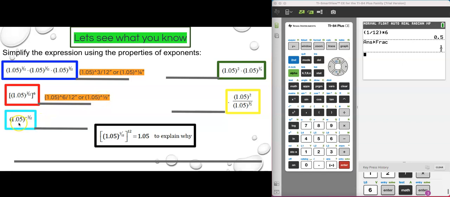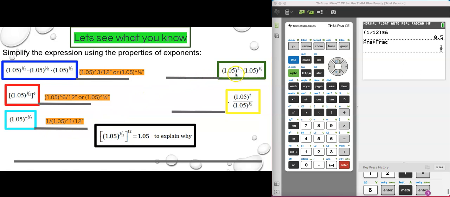So we have 1.05 raised to the negative 1/12 power. So remember, we have to invert this to make this a positive exponent. So we now just get 1 over 1.05, and that's raised to the positive 1/12 power.